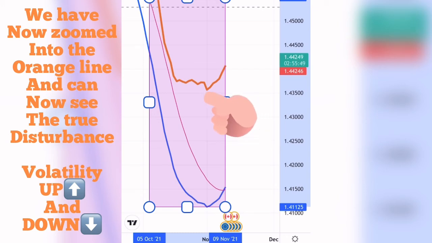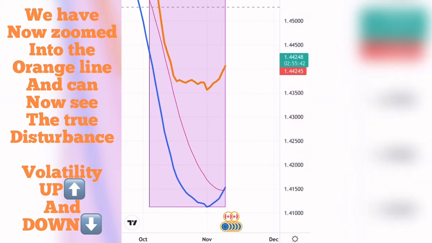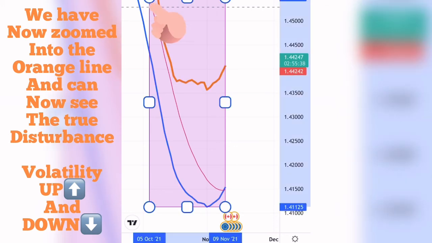Multiple disturbances, we have up, we have down, but we see on October, at the beginning of the corner, the top corner circle represents the beginning here. If you look at the bottom here, you can see the date. It says October 5th. And sure enough, we see the sell trend overall, but there are some disturbances.